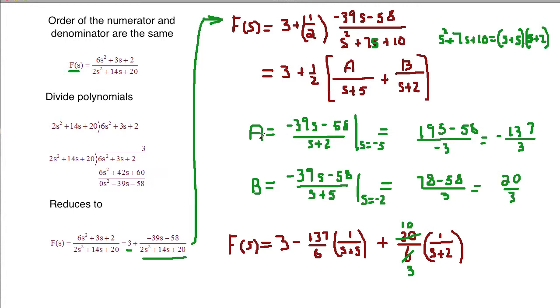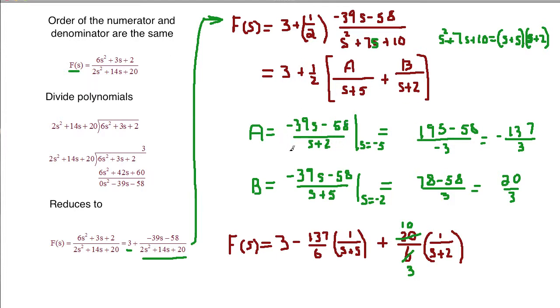I say that A is equal to this whole thing, but multiplied now by s plus 5. This whole thing multiplied by s plus 5 gives me this divided by s plus 2, because I've multiplied by the s plus 5 and the s plus 5s have canceled.